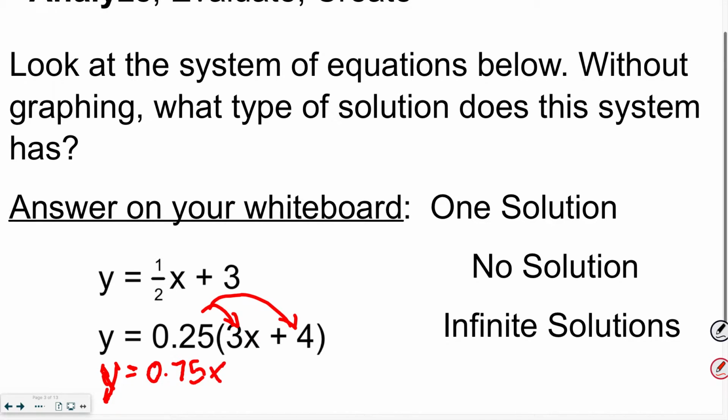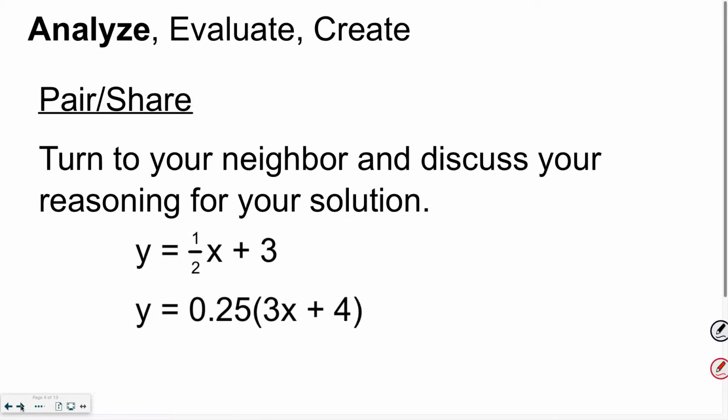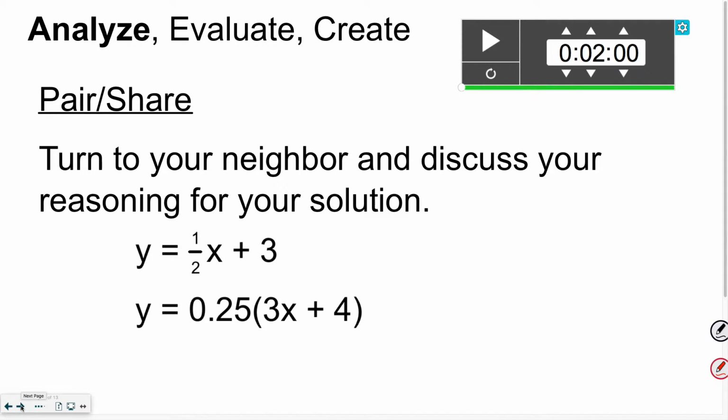Do we need to keep that as a decimal? No. Some of you may prefer a fraction. What is that as a fraction? 3/4. Yeah, you could have had 1/4 times 3, which would have given you 3/4. Okay, sorry, we kind of did that already.